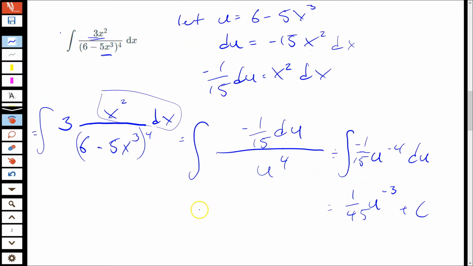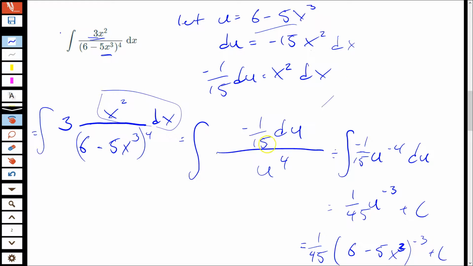And then I want to give my solution in the same variable I started with, so I'm going to replace my u with my original substitution. So I'm going to say 1/45. That's fine to leave that negative exponent there. That is, it's an x to the third actually. So there's my solution.